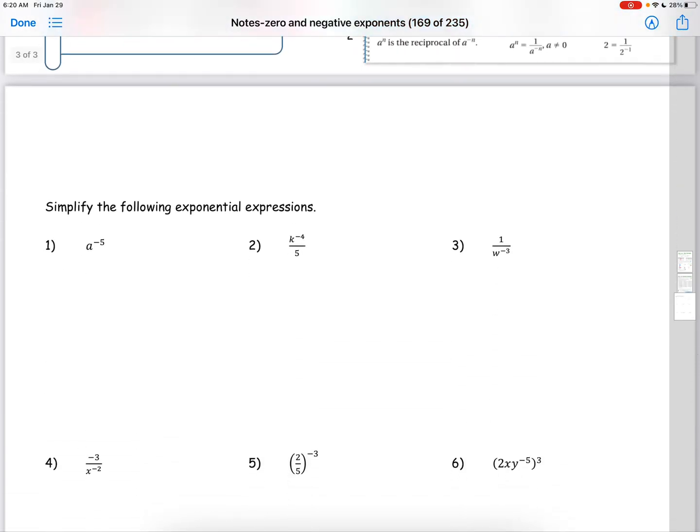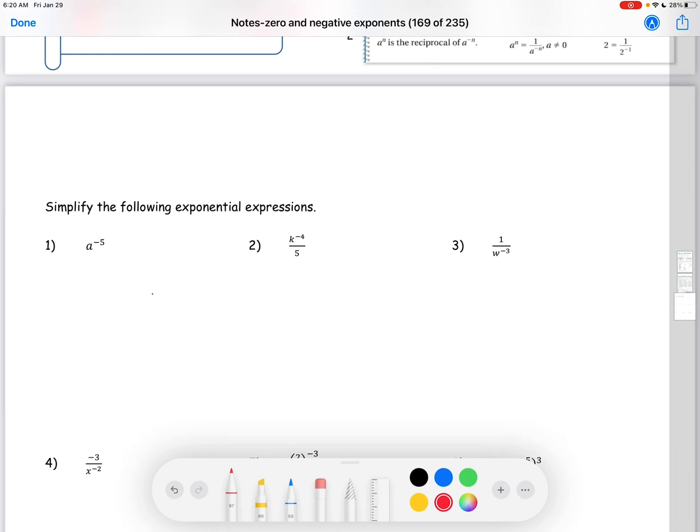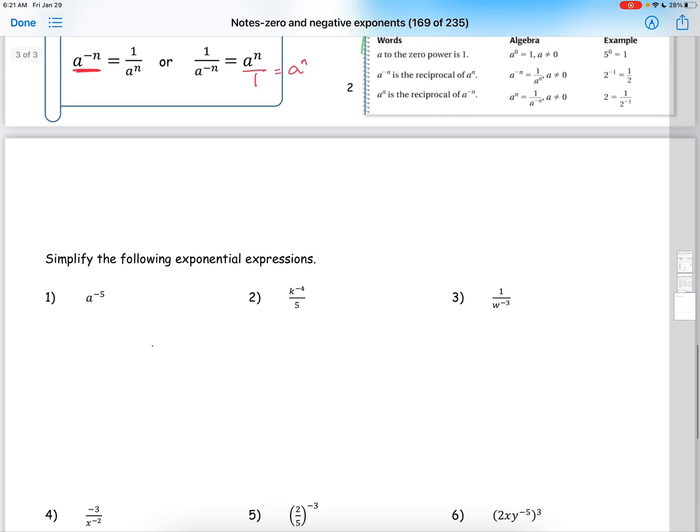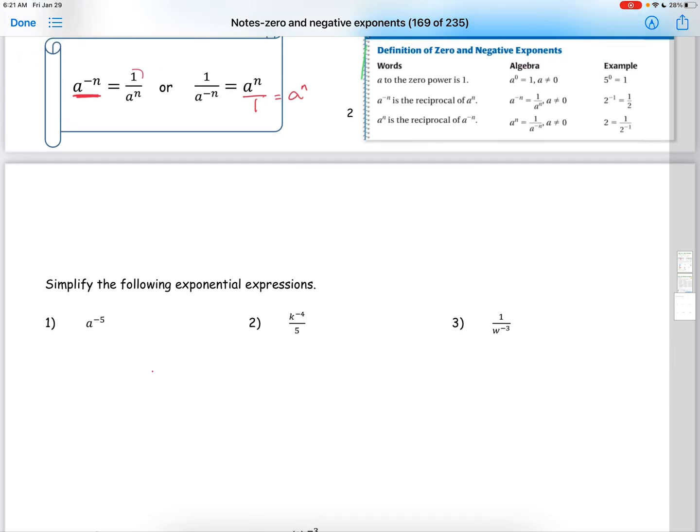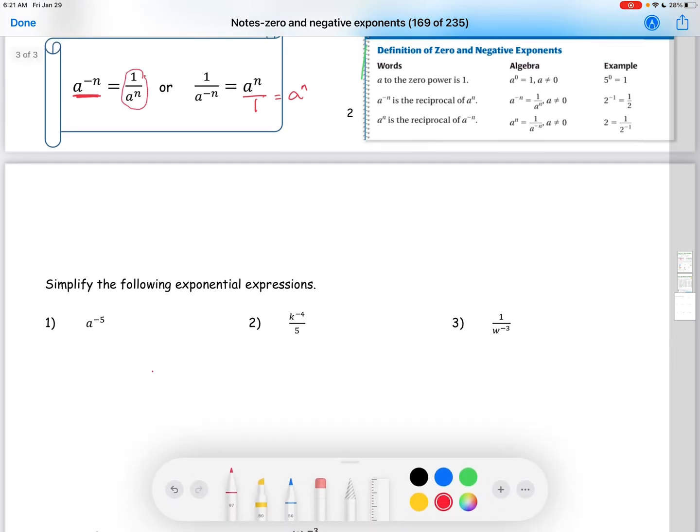So let's say, for example, we have a to the negative 5. By what we just said, this becomes 1 over a to the n. So this would become 1 over a to the 5, since our n in this situation is 5. n just means the exponent. So that's that. We're done with it.